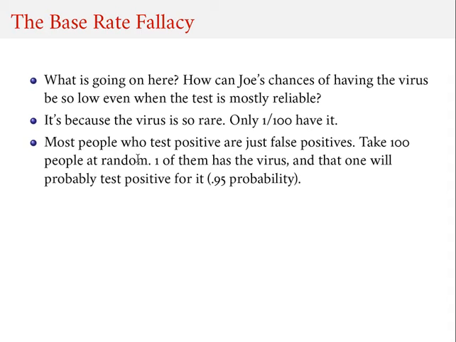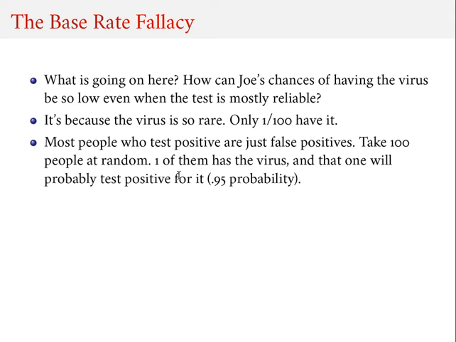The person who does have the virus will test positive, or at least it's highly likely, because there's a 95% probability that if you have the virus, the test will correctly identify you as having it. So that person will almost certainly test positive.